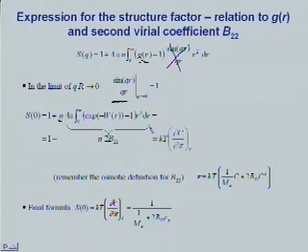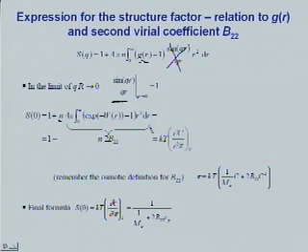If you remember, when we discussed biomolecules, this is the formula for the second virial coefficient, which gives you the first non-ideal term in the osmotic pressure of a suspension of particles or molecules.